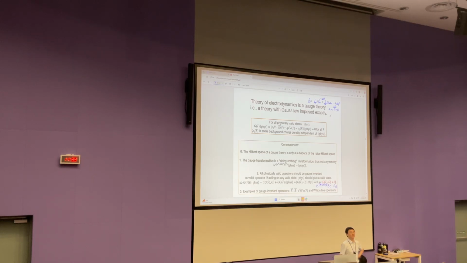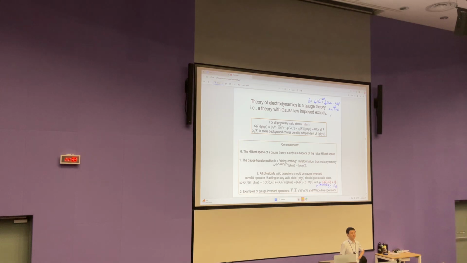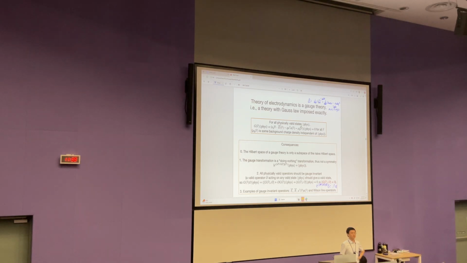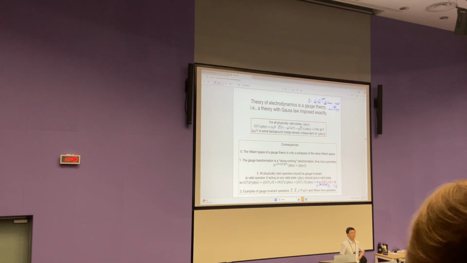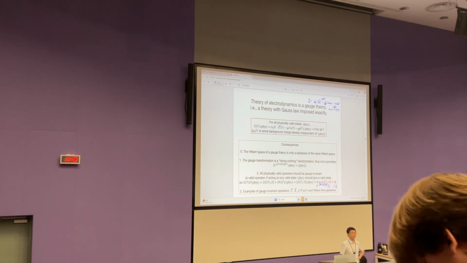Why do we choose the G according to the Gauss law? Is there some other kind of G which does not depend on the Gauss law? You can define other theories, but gauge theory is defined in such a way. Gauge theory is a theory where the Gauss law is imposed exactly.